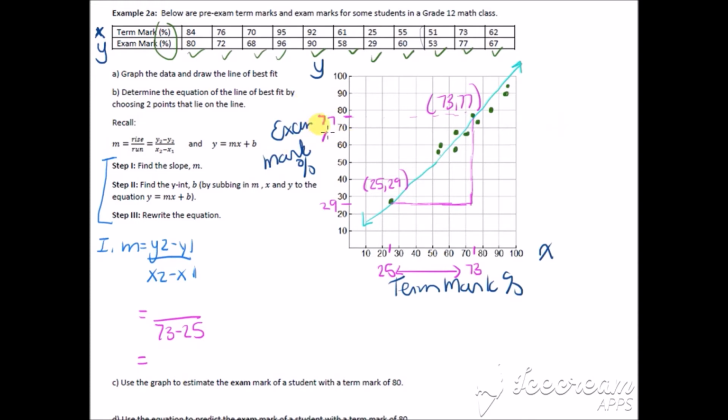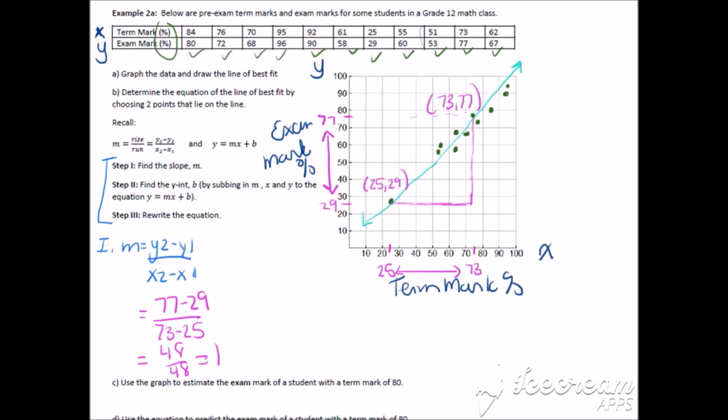So we want to find the difference in the y's, so we're going to do 77 minus 29. If you calculate this, we get 48 over 48. That doesn't happen all the time, don't think that at all. But it just does for this case, which is fine.